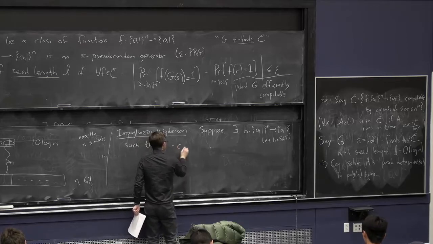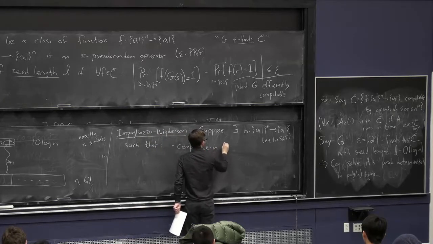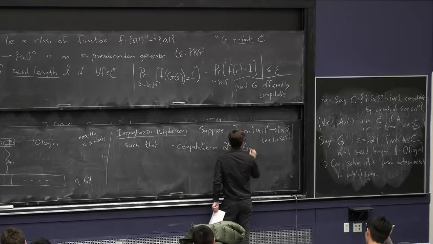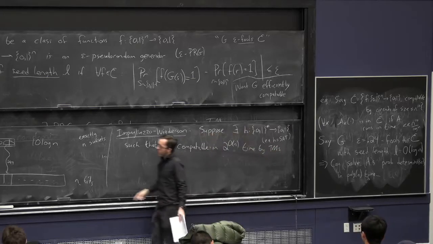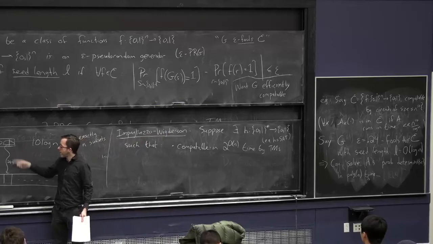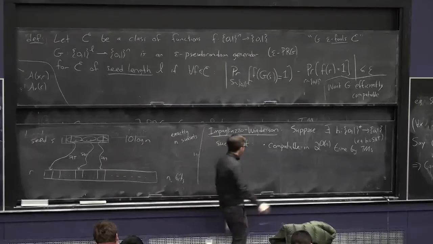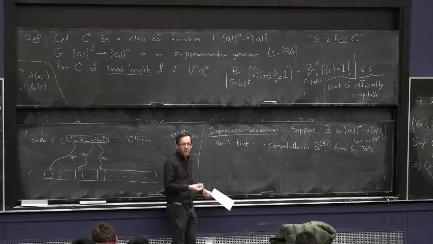One, you assume it's computable in exponential time by Turing machines. And you want this because you want this process of generating the bits here to be polynomial time. But at the same time, you want it to be a very challenging and hard function.